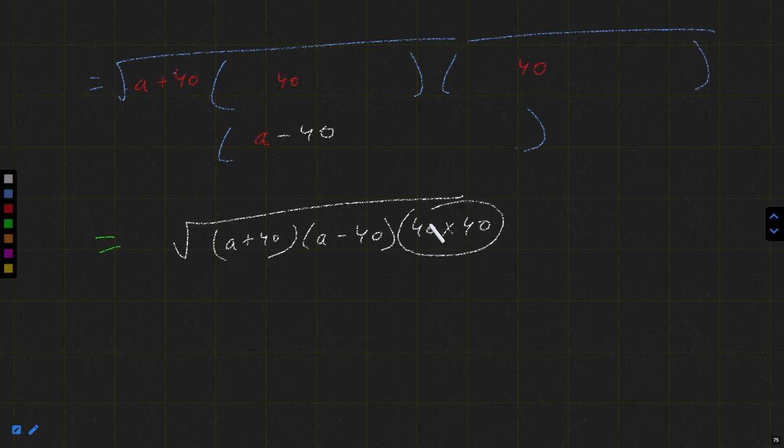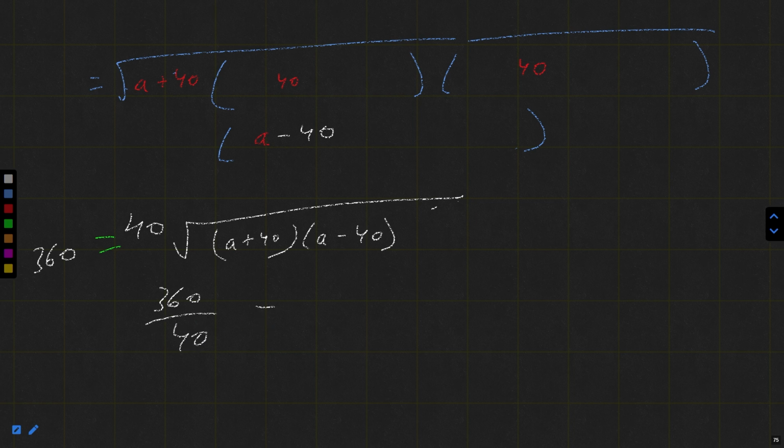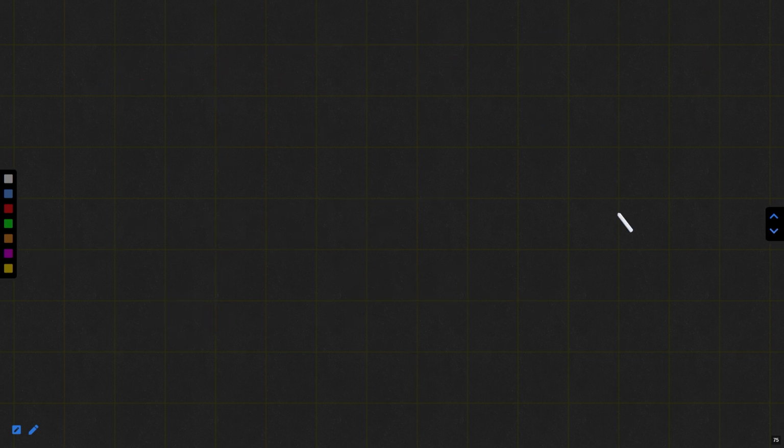I have two pairs of 40, so 40 can be taken out like this, and we know it is equal to 360. 360 upon 40 is equal to the root of (A plus 40)(A minus 40). Solving this will be 9.